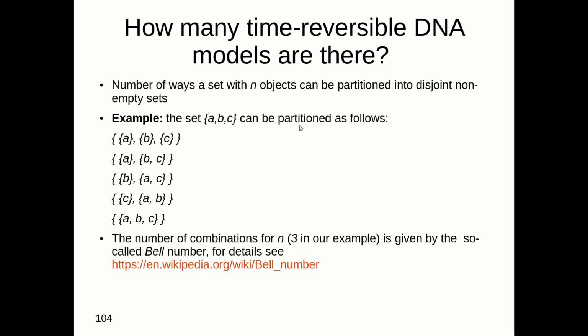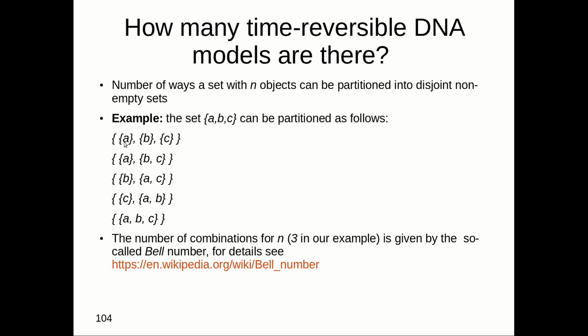ABC can be partitioned as follows. Either A, B, and C are separate sets, or A is one set and BC is another set. This would mean that those two nucleotide transitions, like the transition from, let's say, A to C and A to T, have the same rate. That's what the grouping means here.